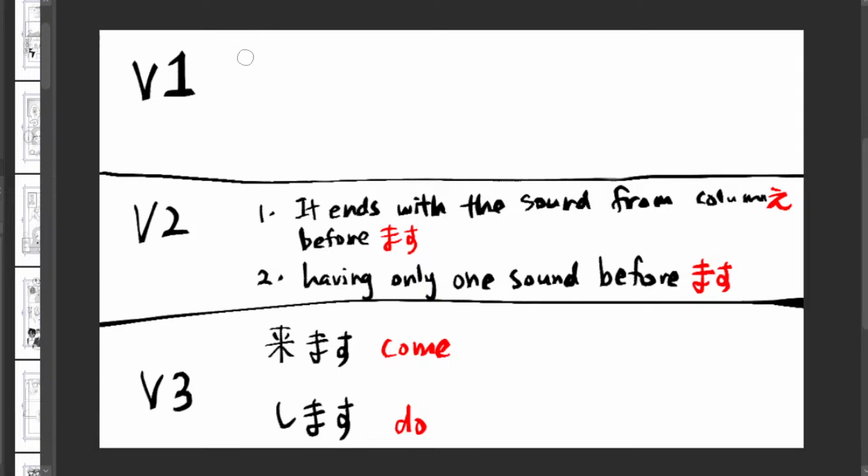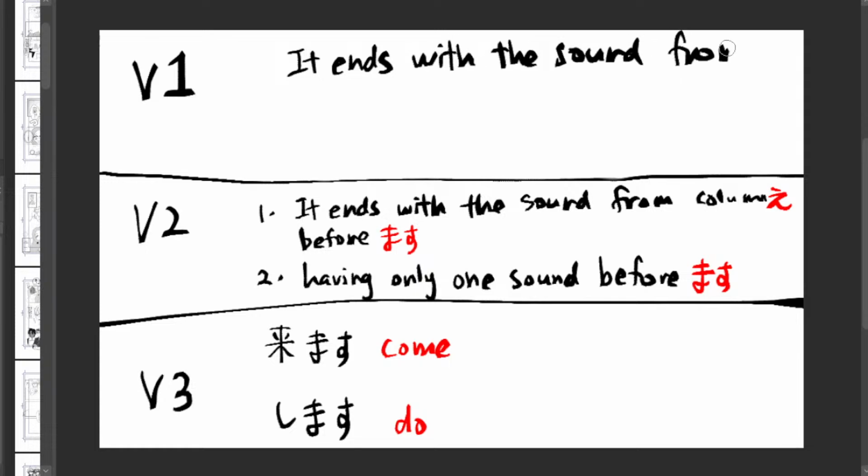For V1, usually everything that is not included in V3 and V2 belongs to V1, but there is one characteristic you can follow. For V1, it ends with the sound from column I before masu.